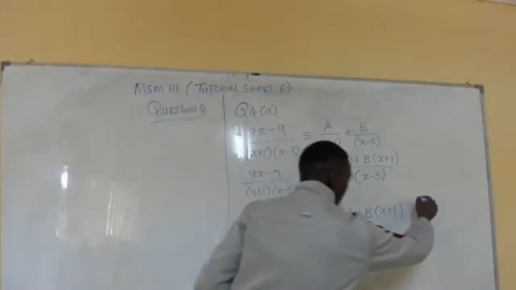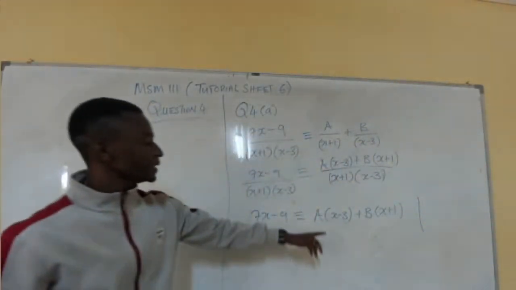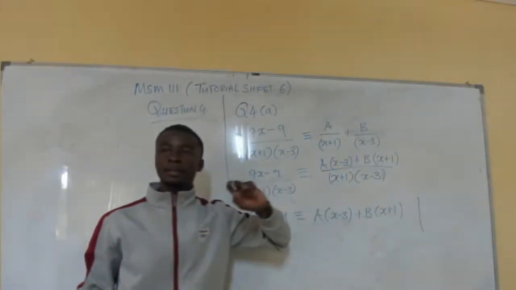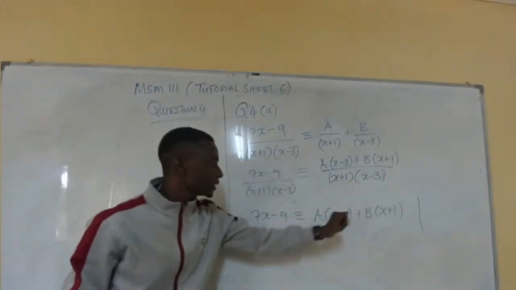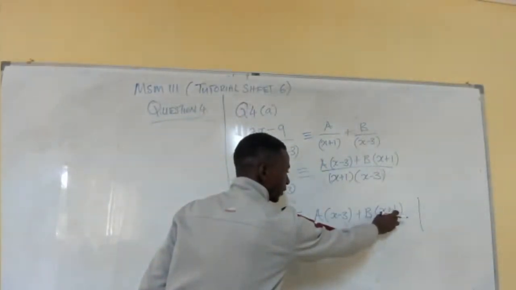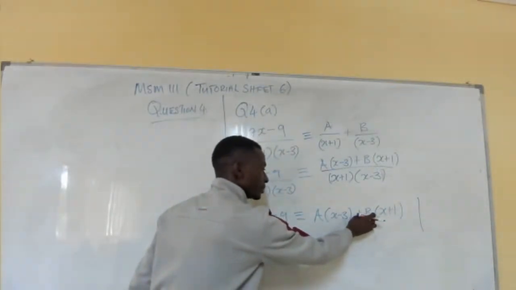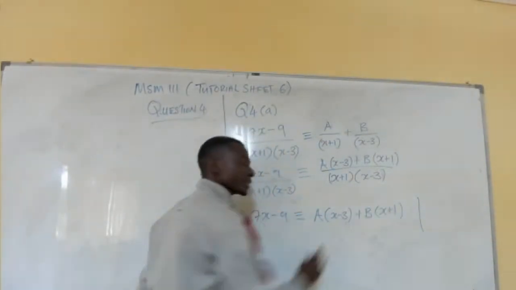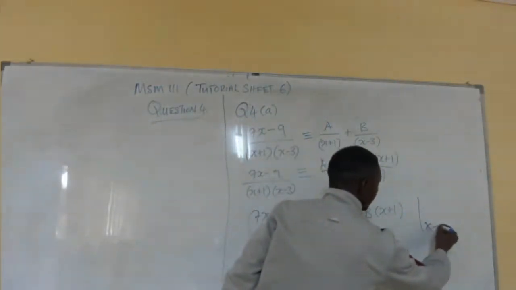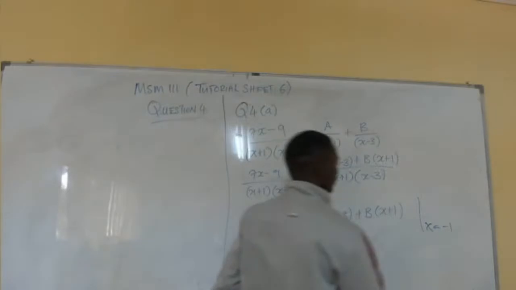For you to find the value of a, you have to make b 0. How are you going to make b 0? You consider the number inside there. We have positive 1, so for this b to be 0, x is supposed to be negative. So you say x equals negative 1.